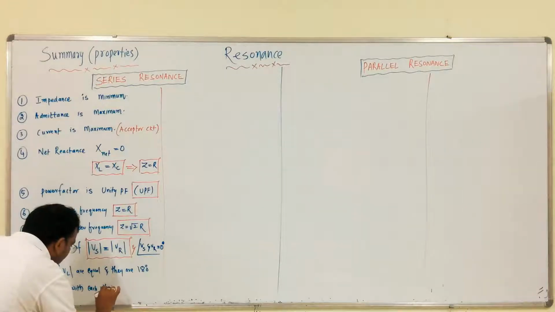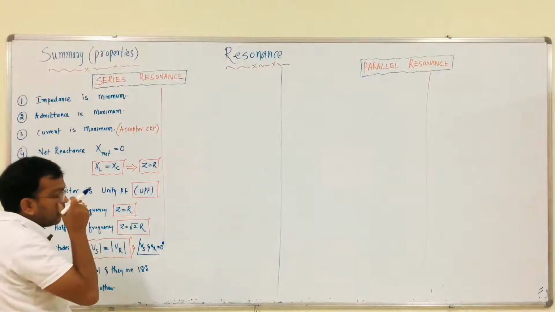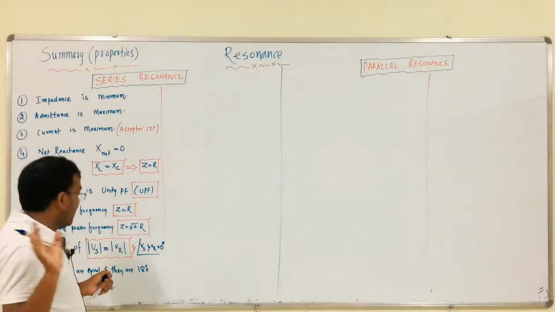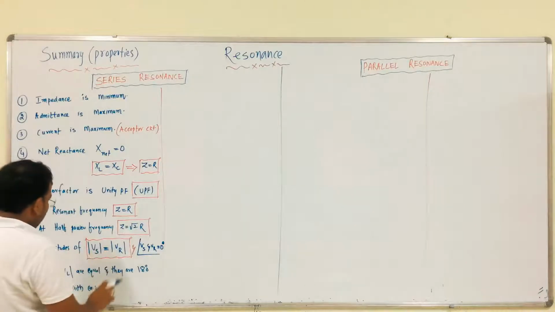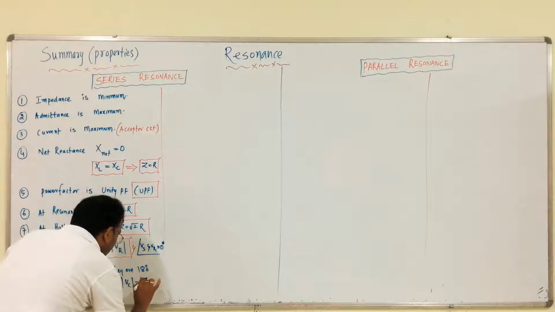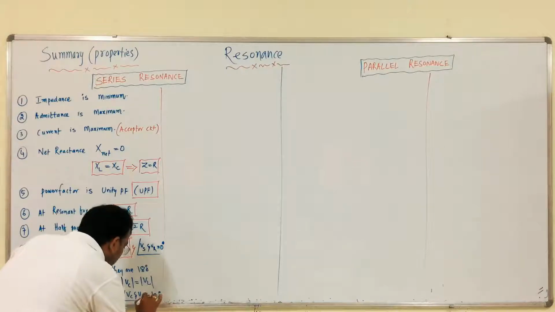If we have any confusion, go through the phasor diagram of case 3, series resonance case 3, under sinusoidal steady state analysis. These two magnitudes are equal, that is Vc is equal to Vl, and the angle between Vc and Vl should be 180 degrees.